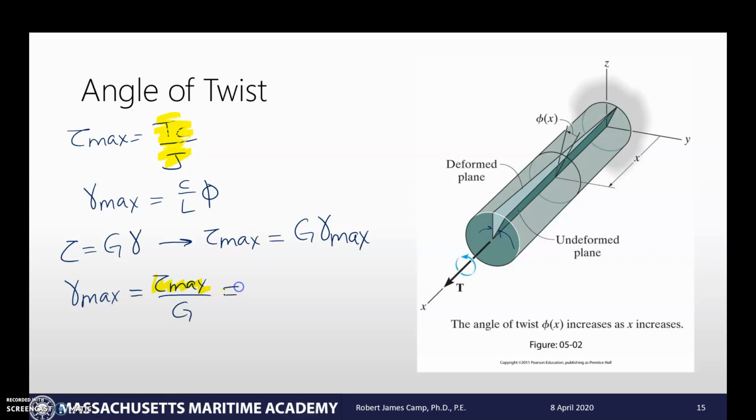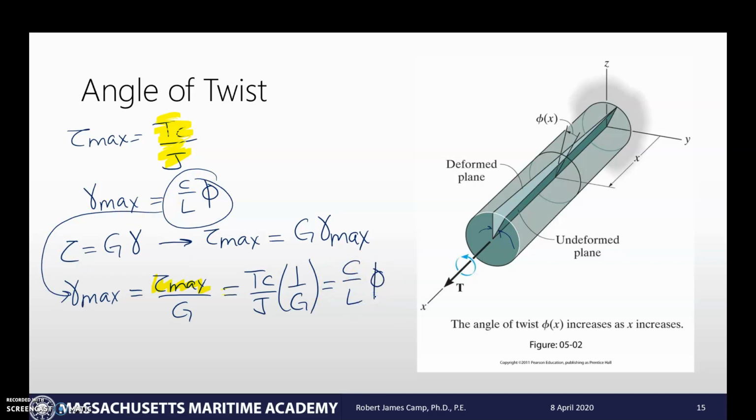So all of that is going to be Tc over J, and we've still got times 1 over G. Now I'm going to take this definition for the shear angle max, and plug that in. So that's also equal to CL times phi.